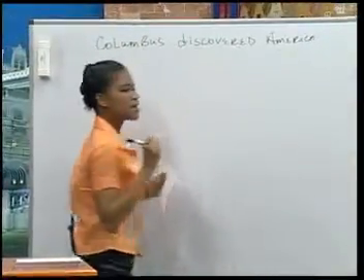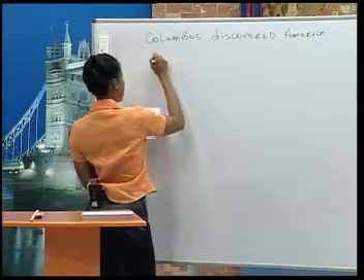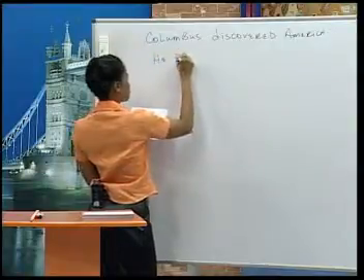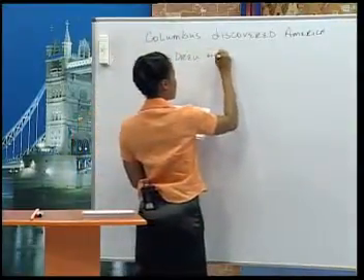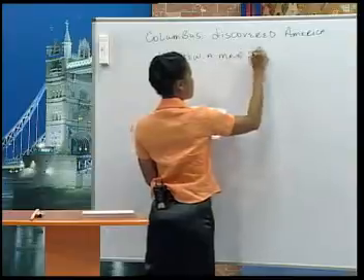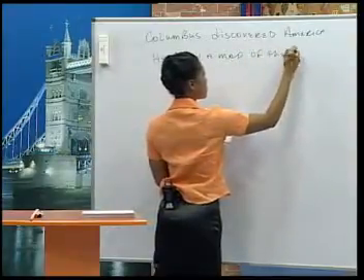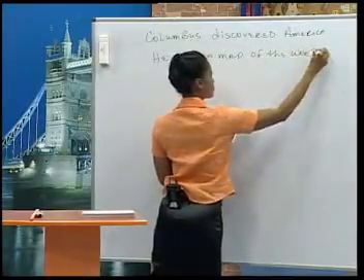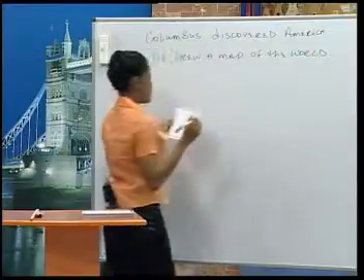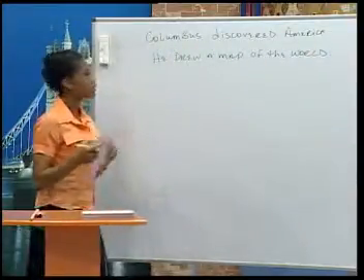Do you know something else about him, Sylvia? He drew a map of the world. Yes, he did. So he drew a map of the world. Let me ask another question.